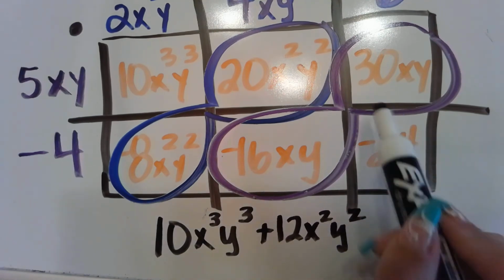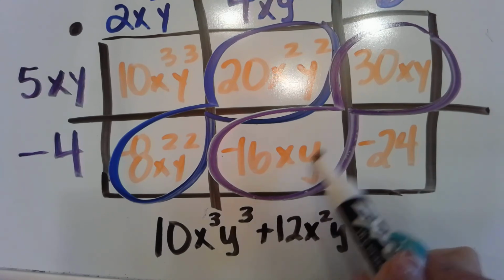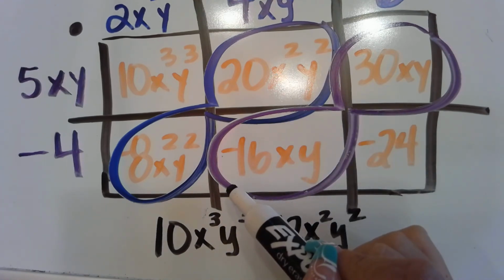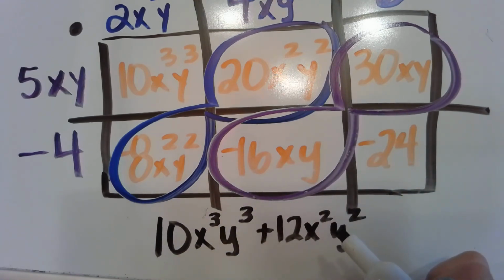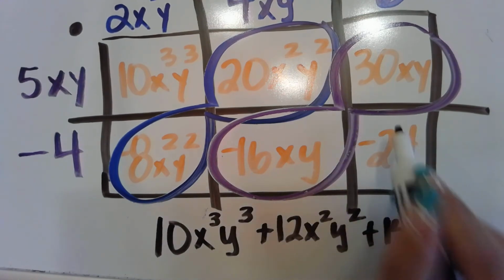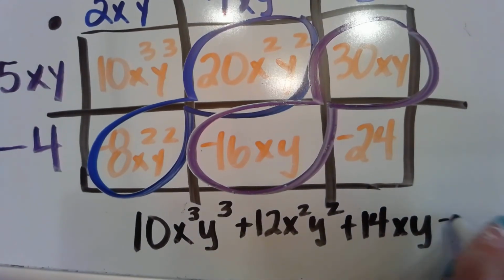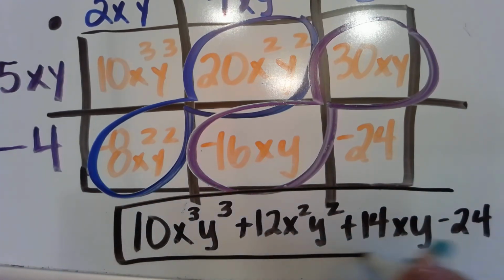Okay. Now we have 30xy minus 16xy. So 30 minus 16 is going to be a plus 14xy. Okay. And then we have our negative 24. So right off to the side, we're going to write negative 24 at the very end. And this one is going to be your final answer.